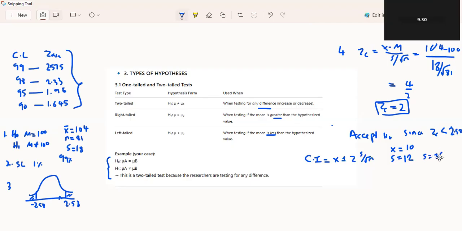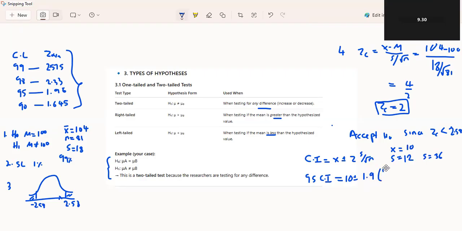How do you find a 95% confidence interval? So the 95% confidence interval is given by the formula above. Our mean is what? 10. Put your 10 there. Our Z for 95 is 1.96. You put 1.96 there. And our standard deviation is 12.